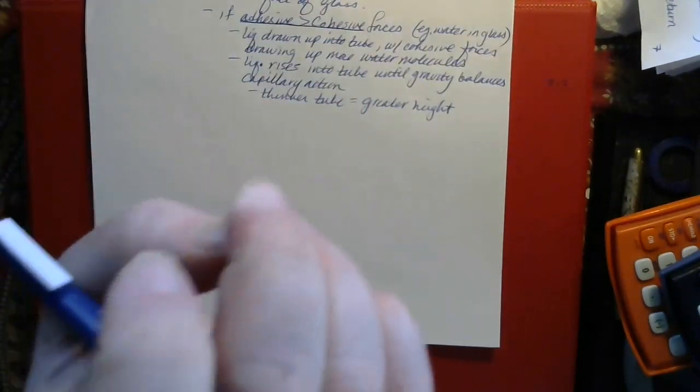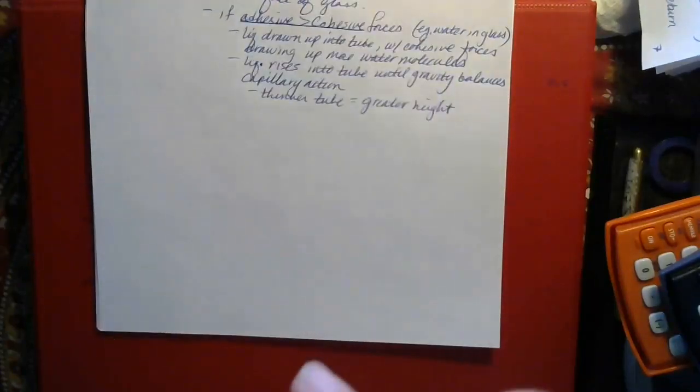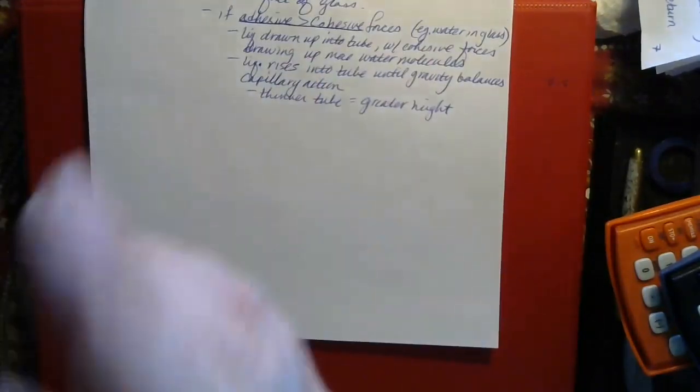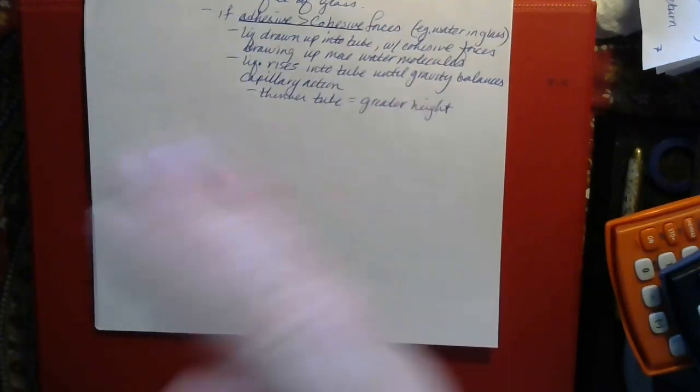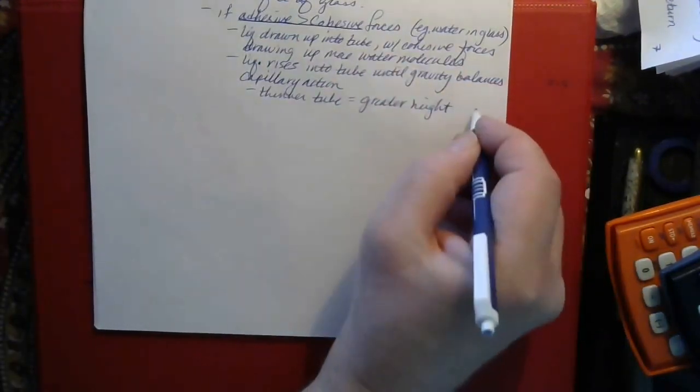And for a thin tube, the cohesive forces between those molecules being pulled up by the adhesive forces and the other liquid molecules that have to be brought up would be less extensive, because there are fewer molecules that need to be brought up by cohesive forces if the tube is really thin.